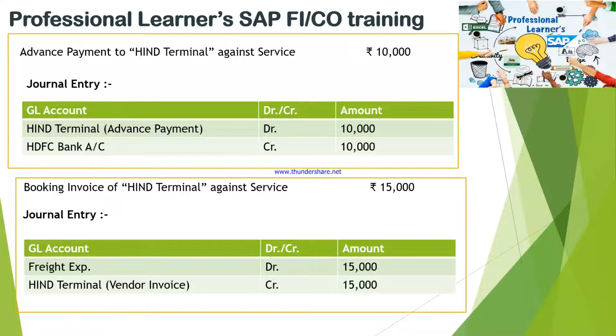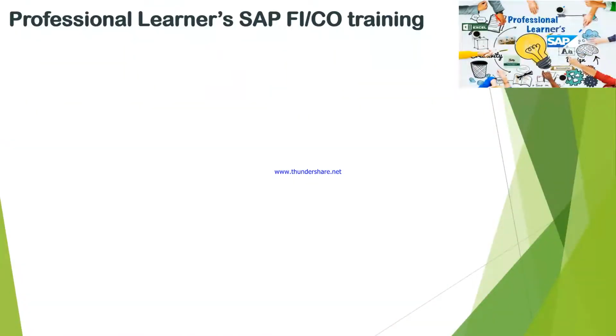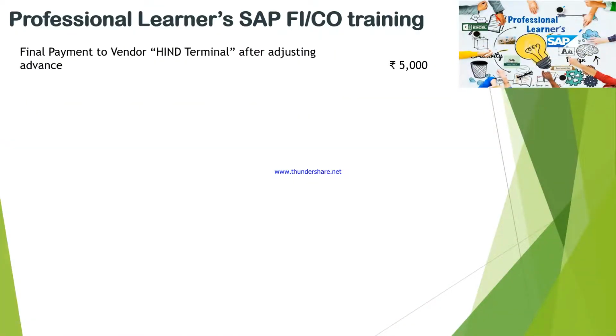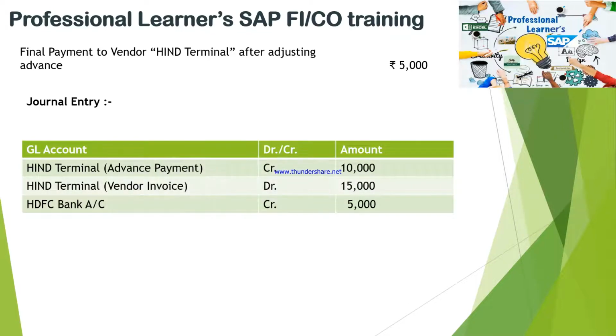So when we make the final payment to the vendor, we have to adjust this advance entry as well. So what should be the accounting entry? The final payment to vendor internal after adjusting the advance would be 5,000 rupees, and the entry would be like this. Internal advance payment GL account would be credited 10,000 rupees.